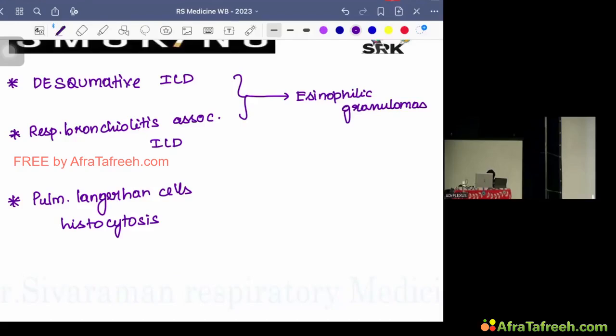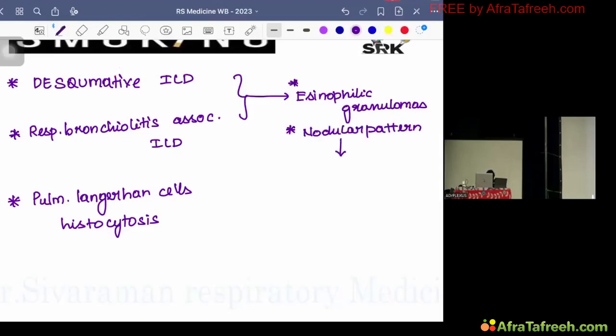It is going to be a more nodular pattern, and these nodules will join together to form thick-walled cysts. So that is going to be the pattern.